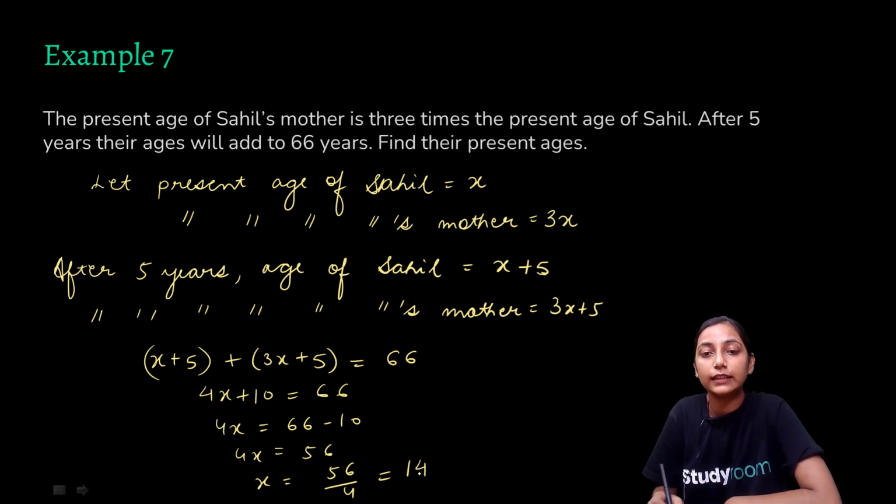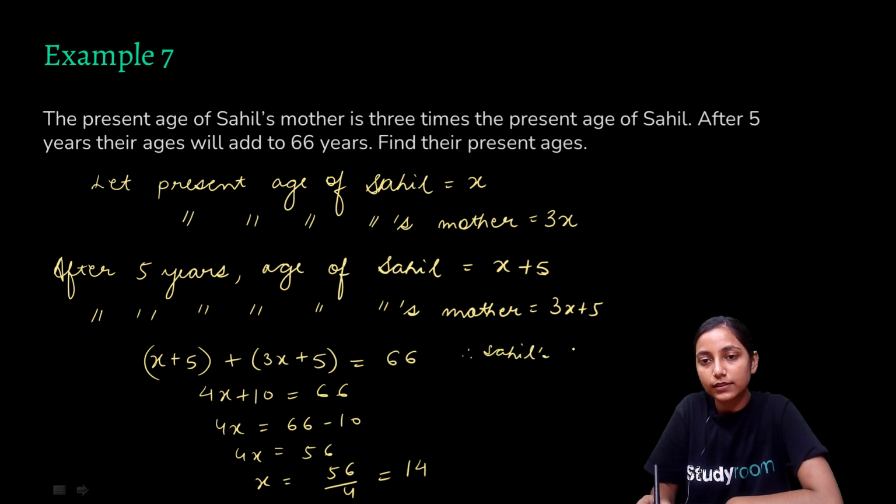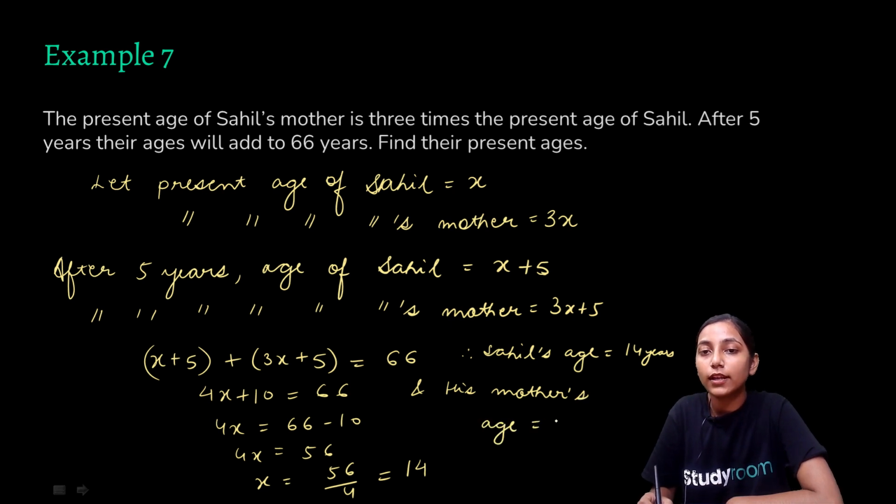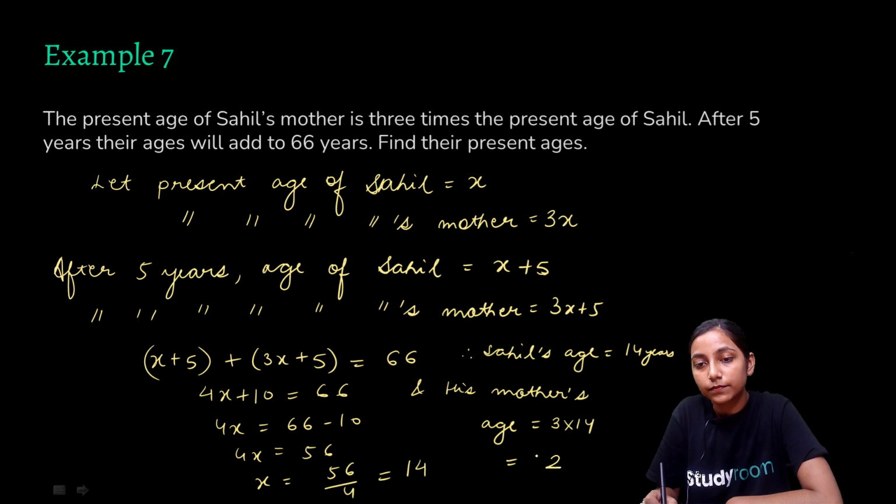Therefore, we can say that Sahil's present age equals 14 years, that is x, and his mother's age equals 3 into x, that is 3 into 14 years, or we can say 42 years.